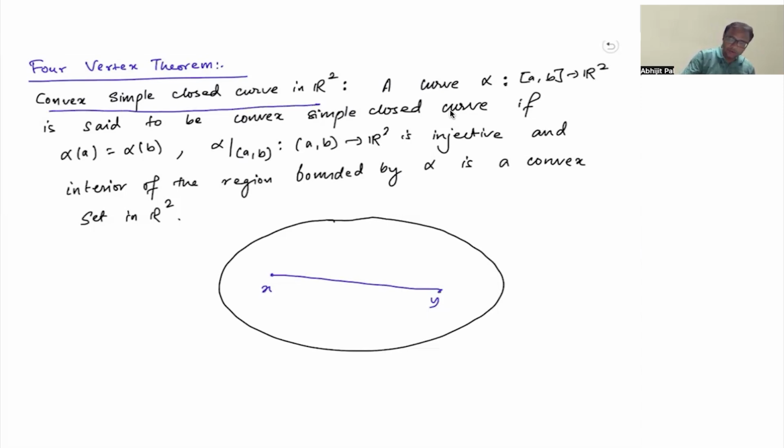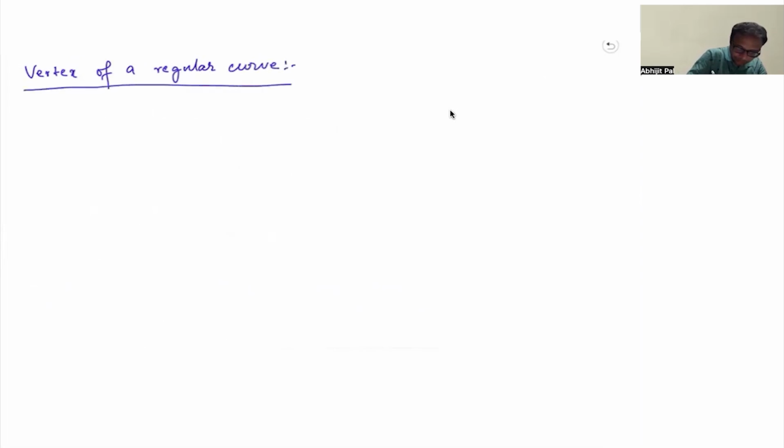Now, what do you mean by a vertex of a regular curve? Let us take a curve which is regular.